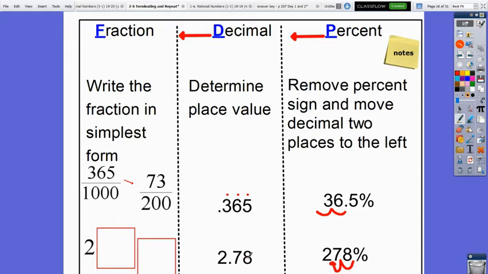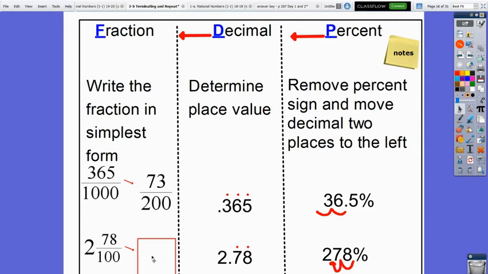0.78 as a fraction, tenths place, hundredths place, is 78 over 100, 78 hundredths. So again, that's the original fraction using 100 or 10 or whatever the place value is. And then simplify this. So 78 and 100 are both divisible by 2 because they're both even numbers.